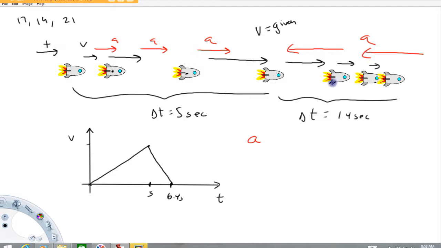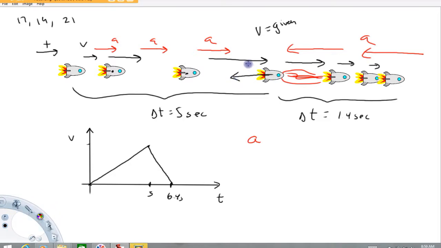Imagine that this rocket slowed down not by applying some sort of brakes, but maybe it's got a rocket in the front of it, which blasts off stuff in this direction. Perhaps it's got another engine up front. If that engine fires, it slows the rocket down to a stop, but if that engine keeps firing, the rocket will continue accelerating to the left. This engine would be pushing the rocket in this direction.